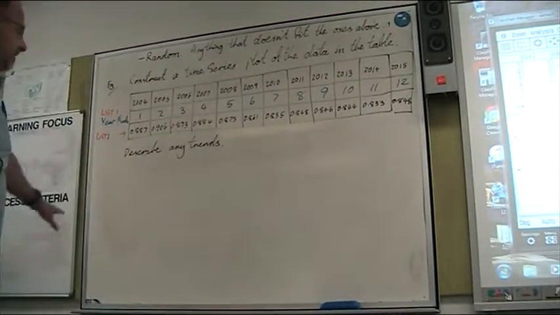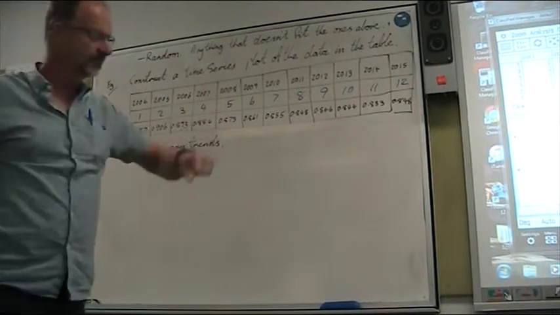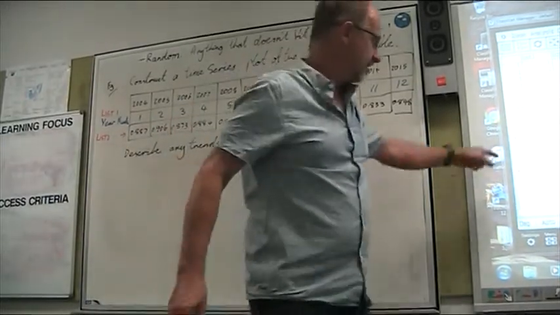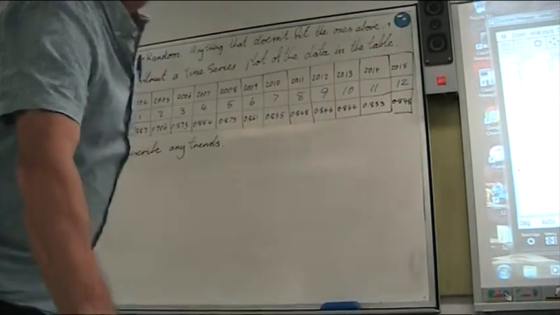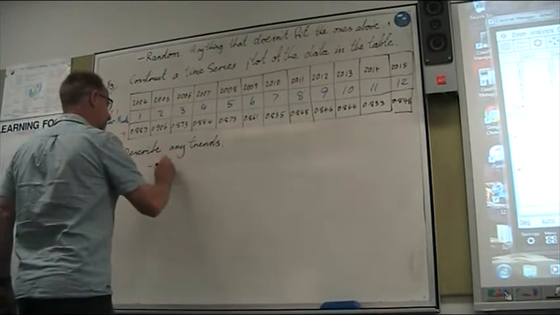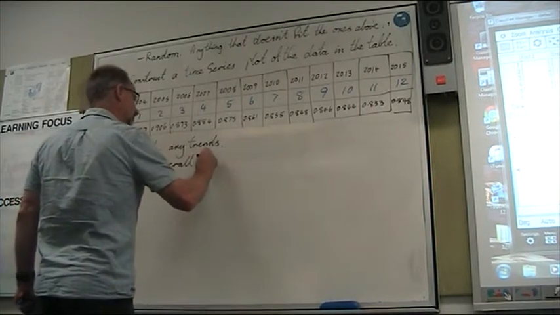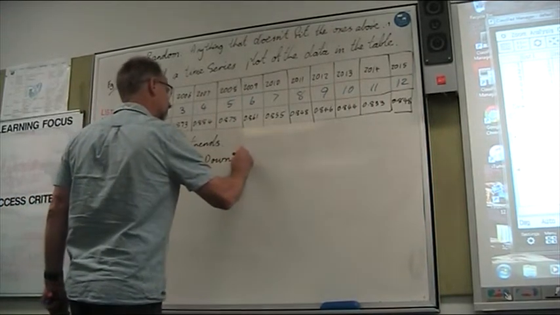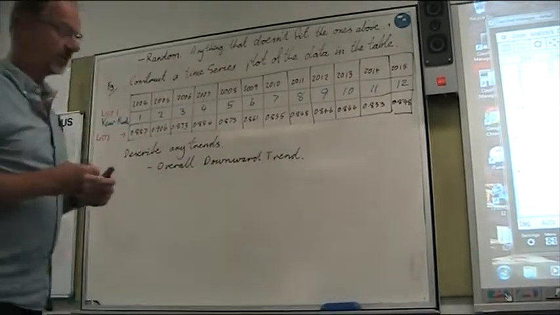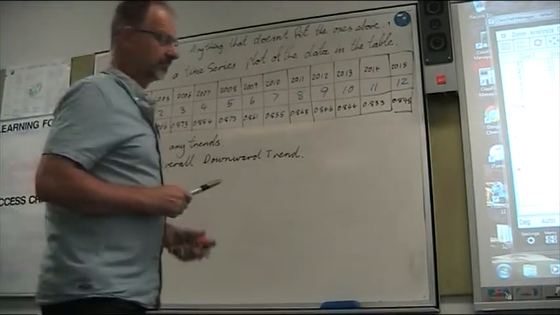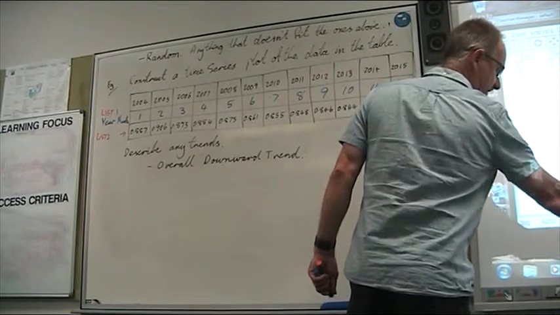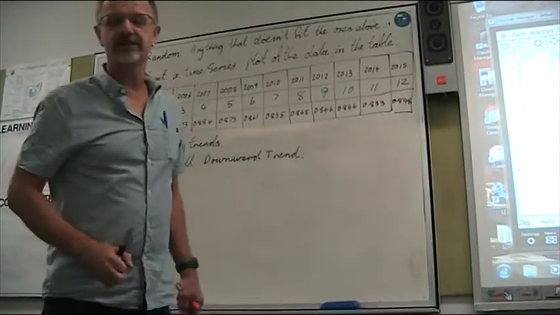All right, so describe any trends. When we look at that, what do we see? Overall, what would you say? Downward trend overall. So overall, a downward trend. Anything else? A couple of areas here where you've got some quite significant variations.